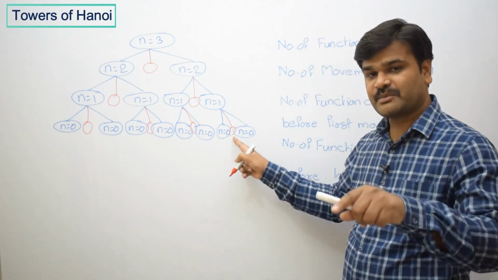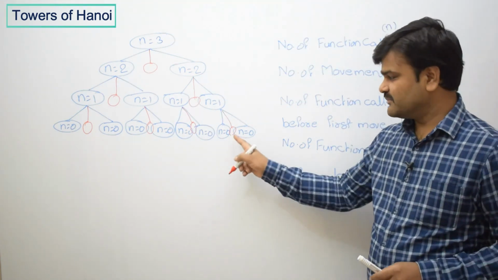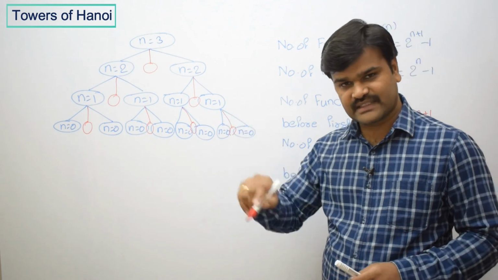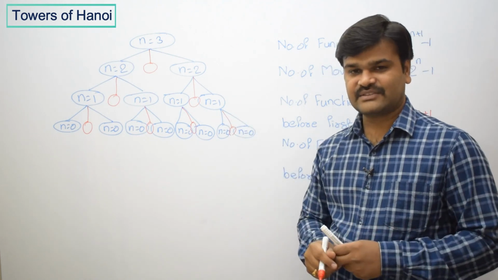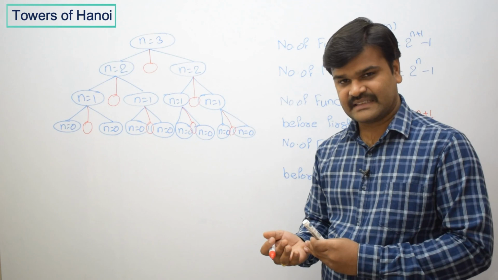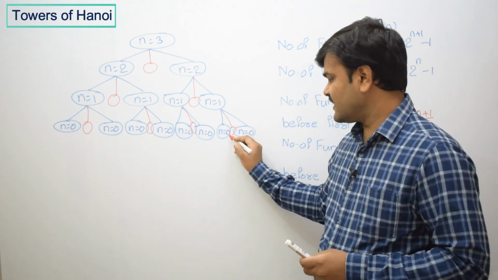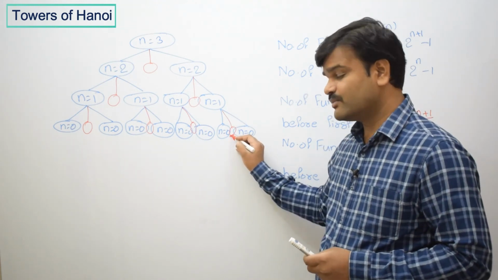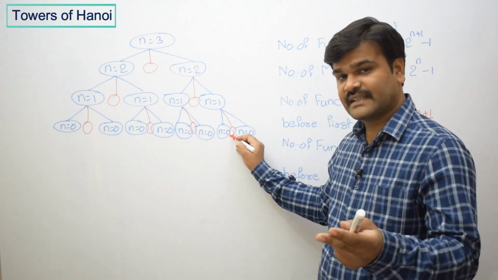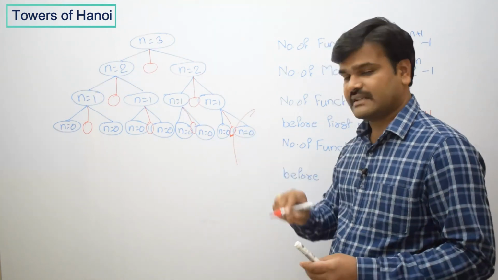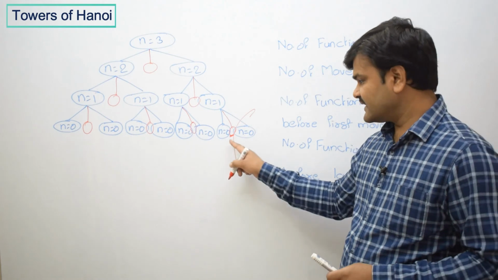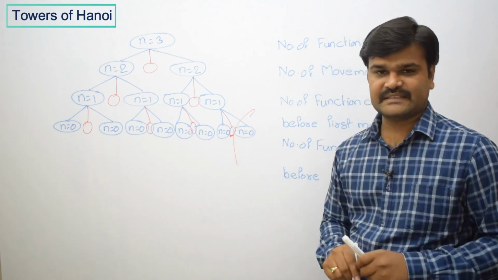This is the last movement. So before this, how many function calls are there? How will you answer this one? You come in reverse. This is the last movement, so after this movement, how many function calls are there? Only one. So after this, only one function call is there.